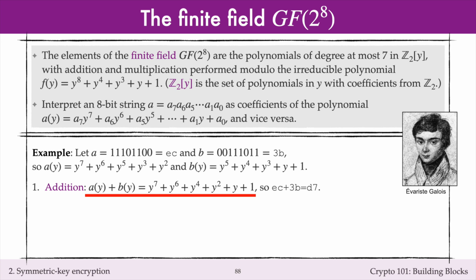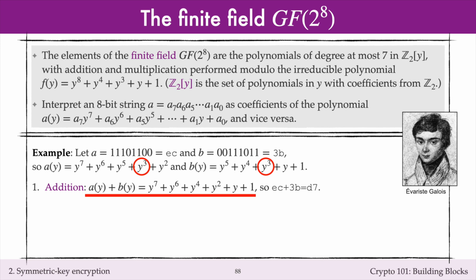Here is an example of addition. Adding the 2 bytes A and B corresponds to adding the 2 polynomials a(y) and b(y). And so a(y) + b(y) is y^7 + y^6 + y^4 + y^2 + y + 1.